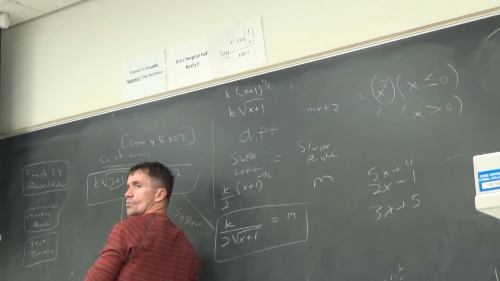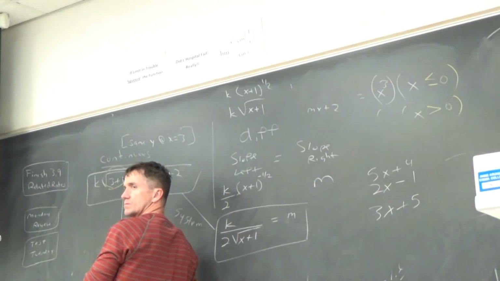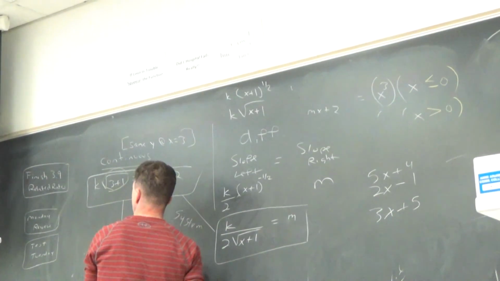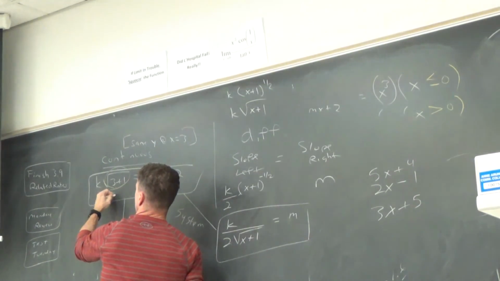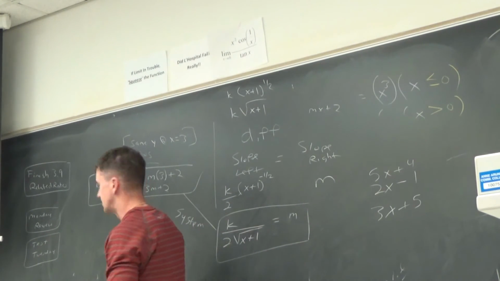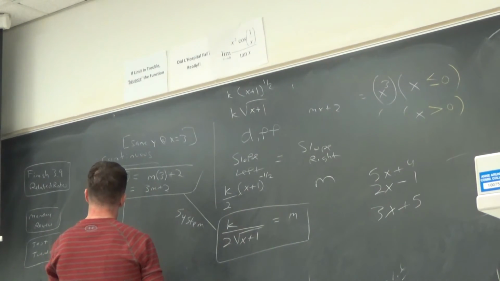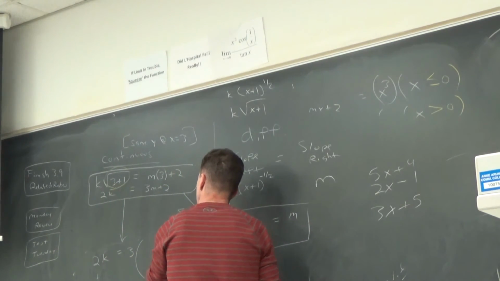3 plus 1, yeah, 4. Oh good, square root of 4 is what? 2. But rather than saying k2, I could say 2k. So now I get 2k equals 3 times, we're gonna put something in place of m, plus 2.